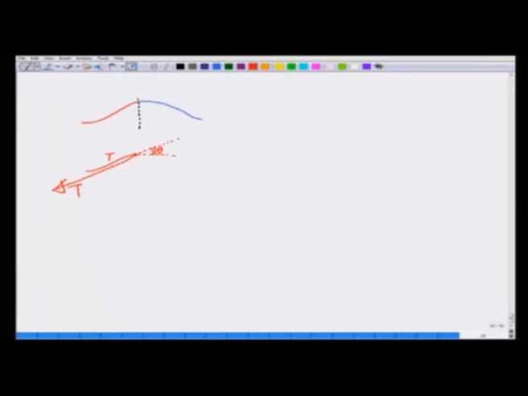This provides the horizontal component T cosine theta. Let us call it theta 1, because I am coming from the left side, and the vertical component T sine theta 1. On the right hand side, I have the same tension, but it is making angle theta 2. So, the horizontal force is going to be T cosine theta 2, and the vertical force is going to be T sine theta 2.